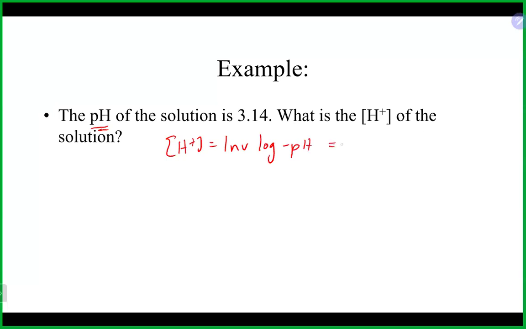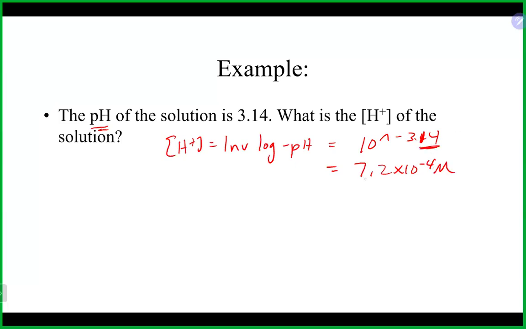Again, punching that in correctly will look something like this, probably on your display if you have a display. And if we do that there, we're going to do a little inverse log action here, negative 3.14. It's going to give us a 7.2 times 10 to the minus 4 molar.